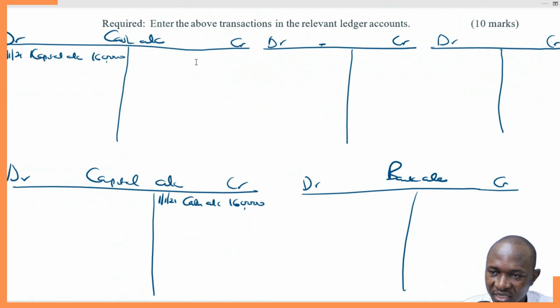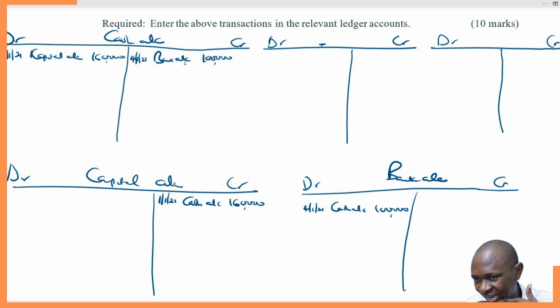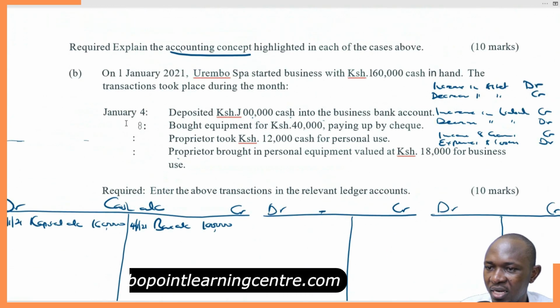So cash is decreasing because we are withdrawing 100,000. So we say on 4/1/21, bank account is the one that is causing this decrease. And then bank is increasing, so we say 4/1/21, cash account, 100,000. It's increasing because of the cash account, and you can see an increase in asset with debit.